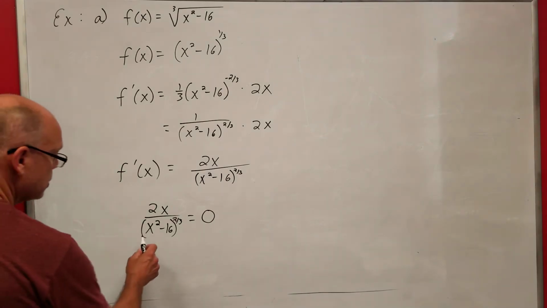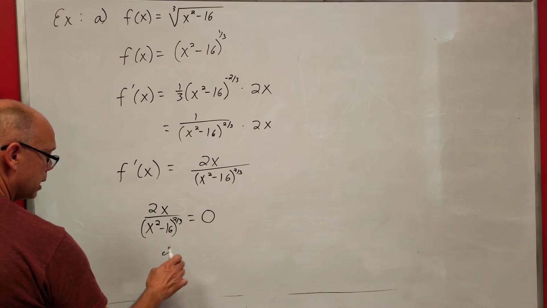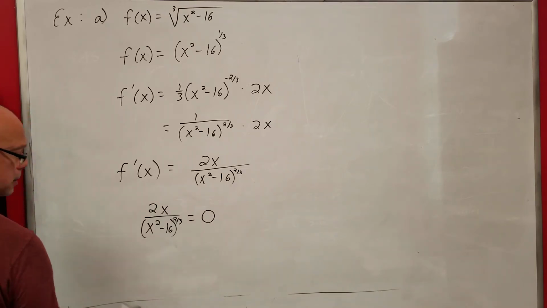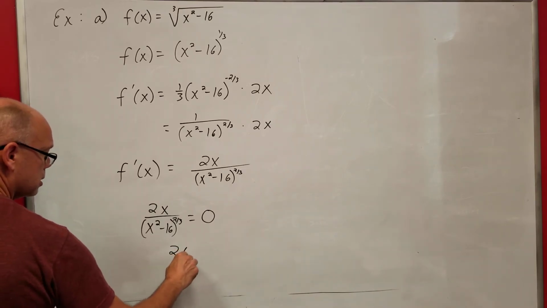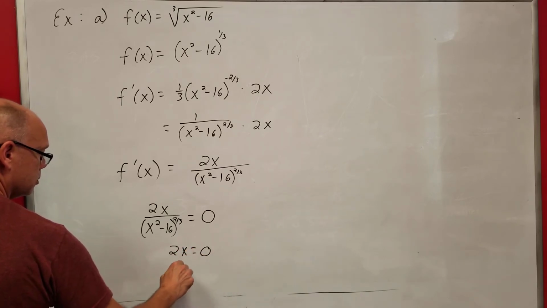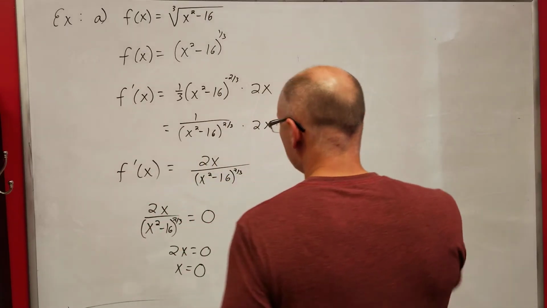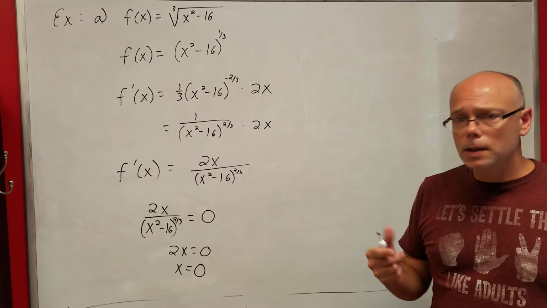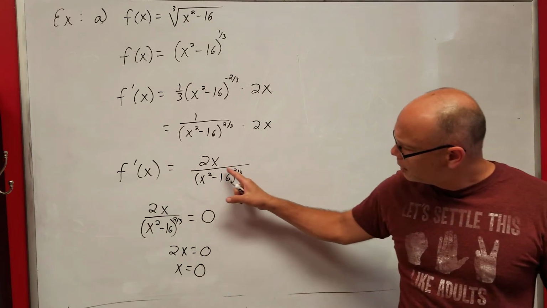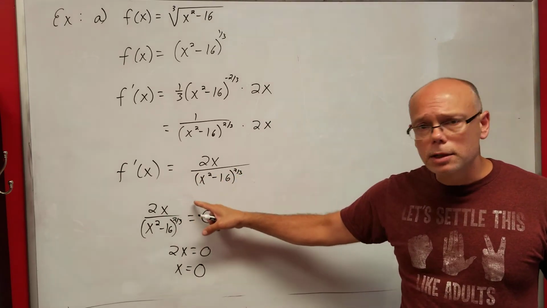So if we multiply both sides by my least common denominator, I get 2x is equal to 0, or x is equal to 0. Let's find out where my derivative function here is undefined. Well, it'll be undefined when my denominator is equal to 0.